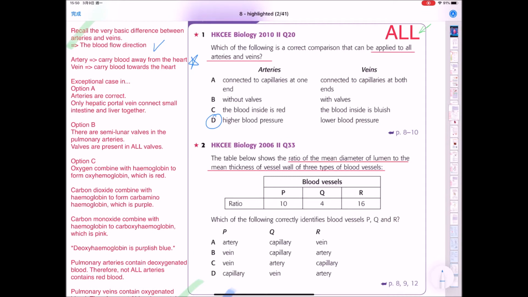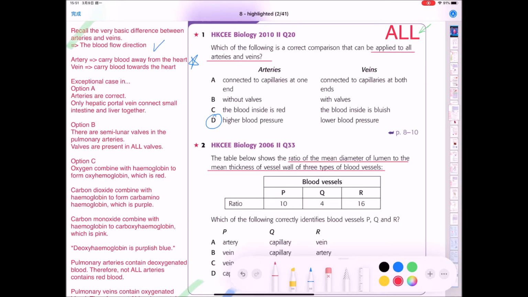Remember that I always suggest students do MC questions, because they help you clarify the concept. You not only know the correct answer, but you also know why the other three answers are wrong. That's a very good way to clarify your concept.